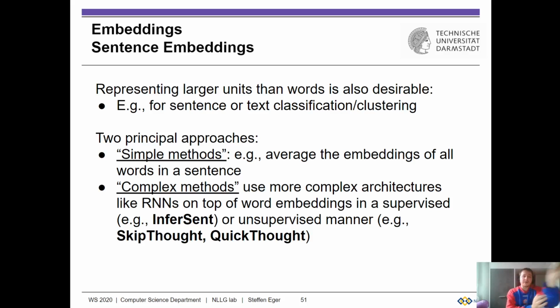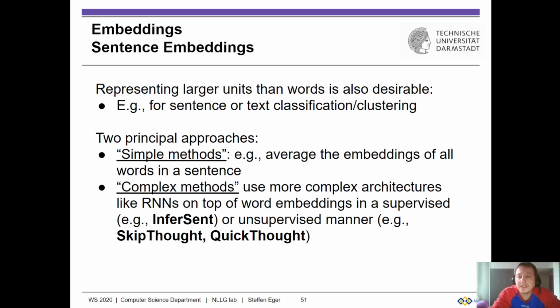I want to differentiate those approaches into simple methods and complex methods, where the simple methods would, for example, take the average embeddings of all the words in a sentence. Assume you have a sentence with 20 words. We already get our word embeddings, let's say from word2vec, and then we just average those word embeddings. This is a simple and cheap method, which has many deficits.